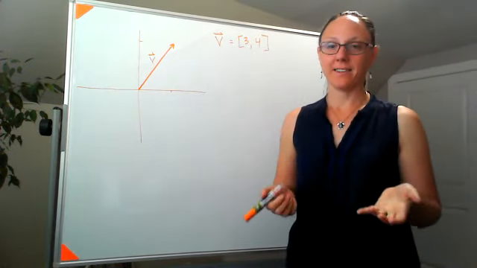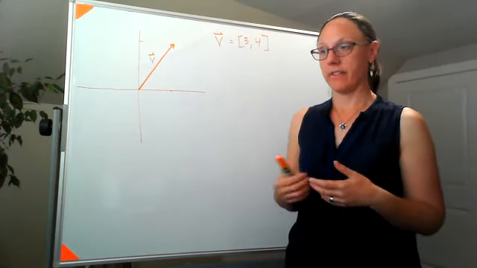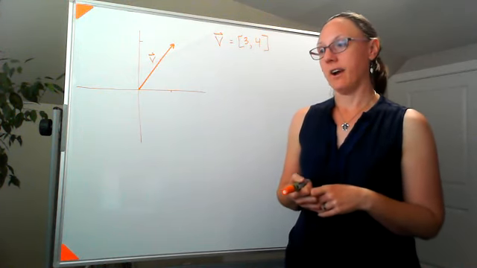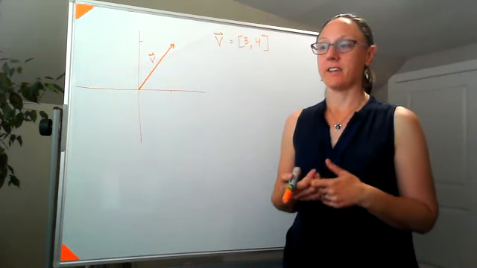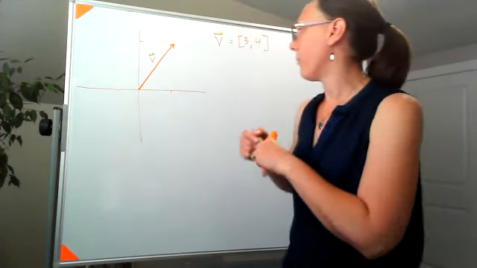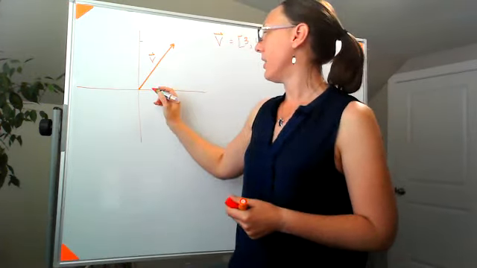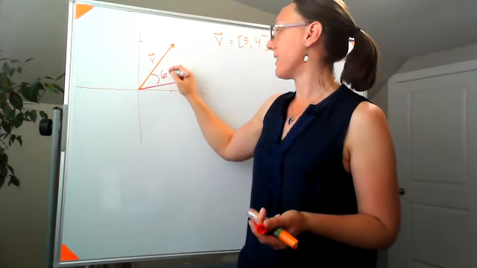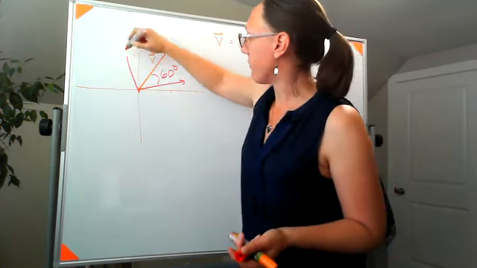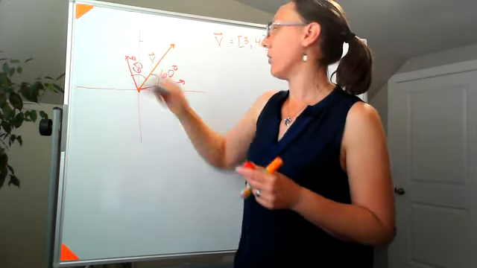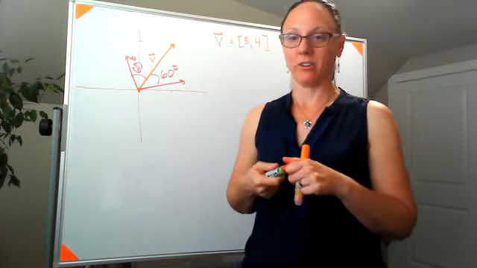And we have been asked to find 2 vectors that are unit vectors, meaning have a length of 1, that make an angle of 60 degrees with this vector v. So we're going to have some vector over here that's 60 degrees off, and some vector over here that's 60 degrees off, and we're trying to find those 2 vectors.